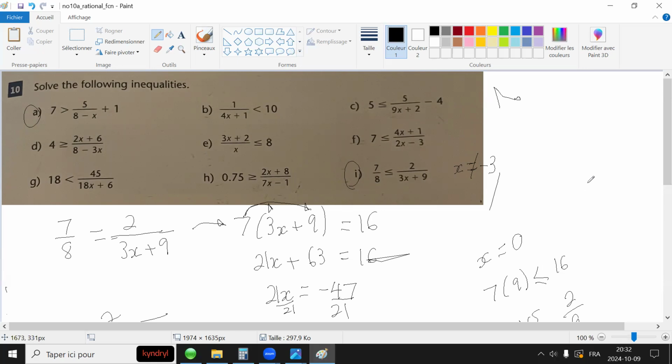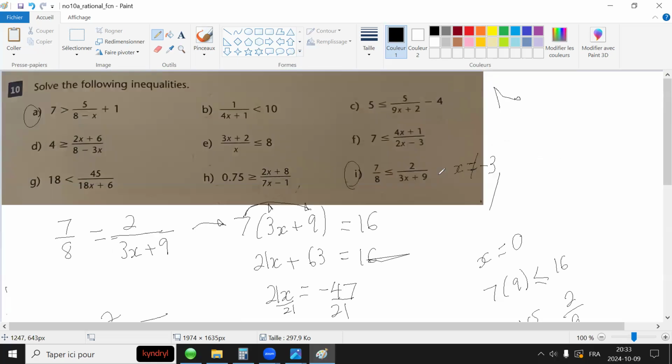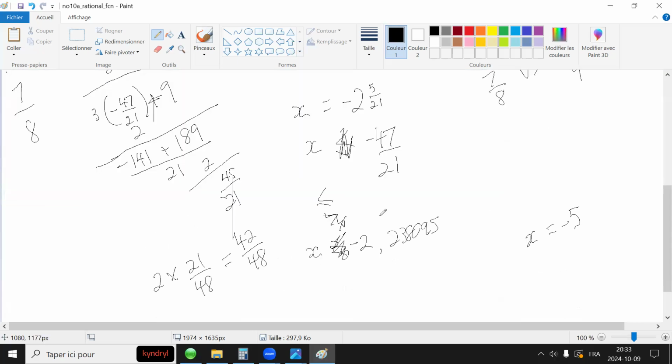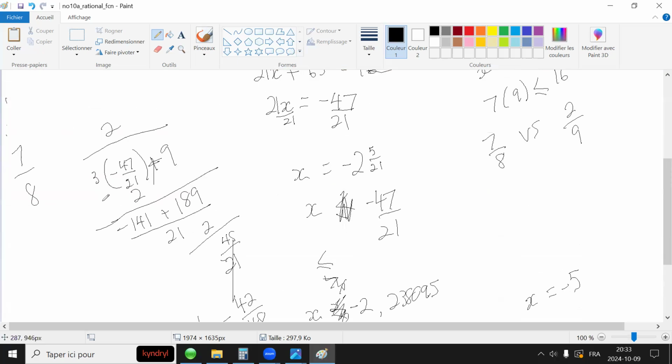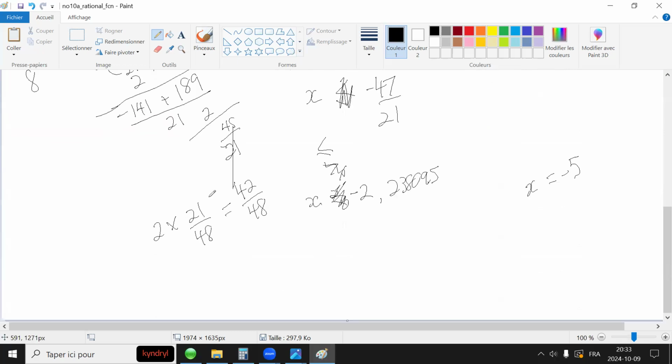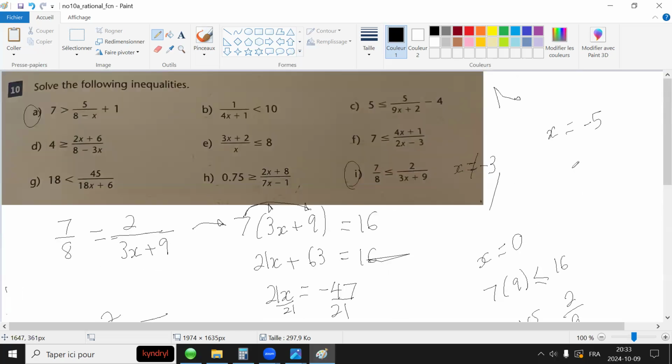So let me try something smaller. x equals minus 5, just to prove my point. So if I had x equals minus 5, which would be smaller than my 0, well, the 0 that I found, which was minus 47 over 21.